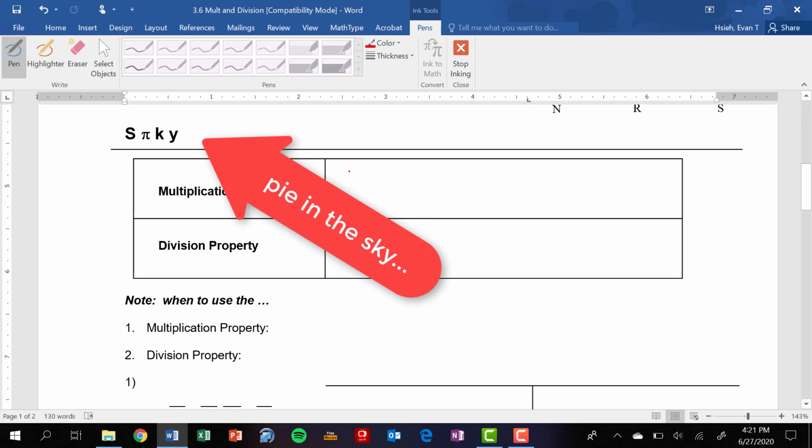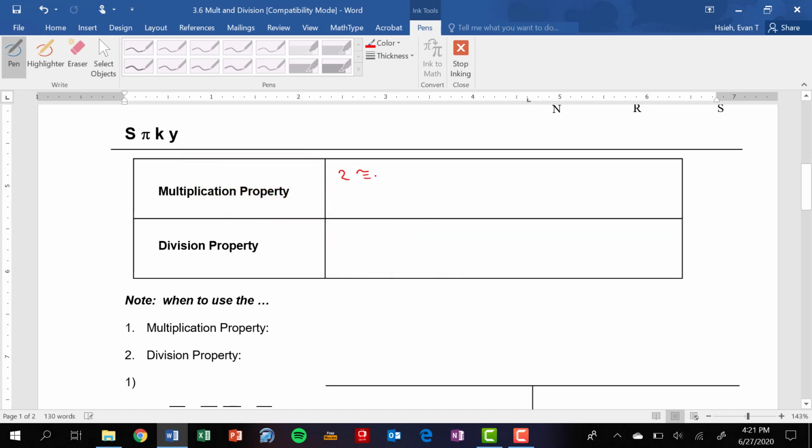Multiplication property is when you have two congruent angles or segments, and those are multiplied by the same amount, then you're going to end up with congruent angles or segments. So if it doubles, those angles will be congruent to each other. If you have two congruent angles and you triple them, they're going to be congruent to each other, etc.